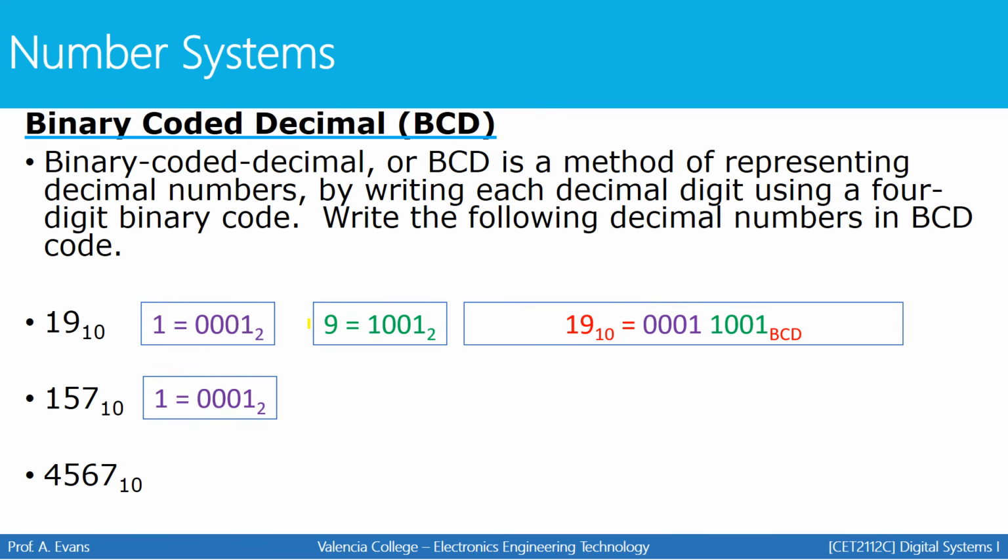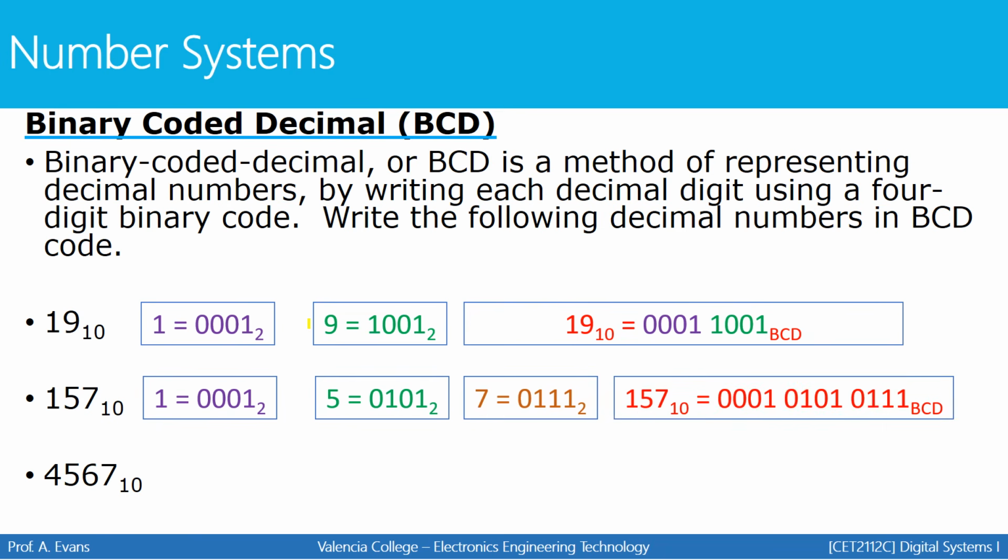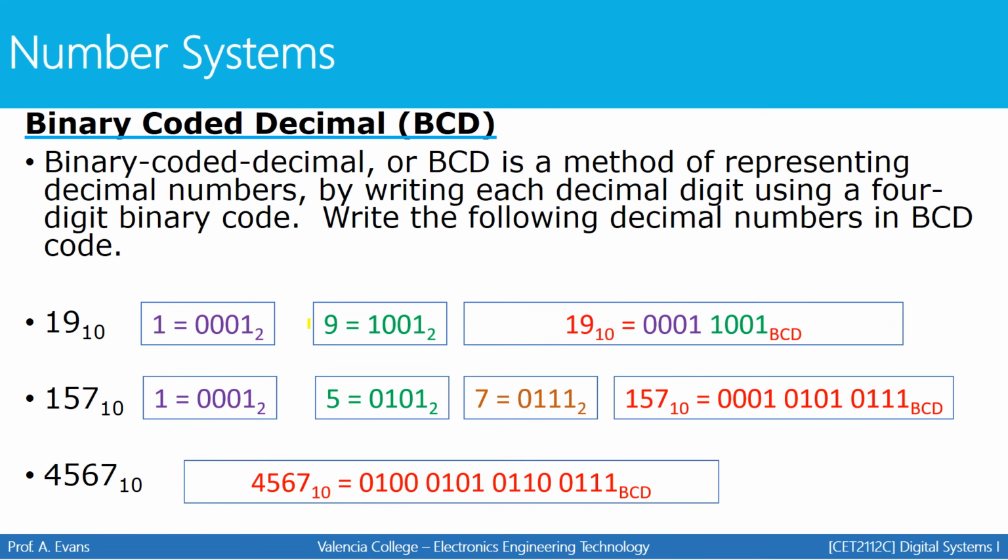The number 157, or 157 base 10, take the number 1, write it as a 4-digit code. Take the number 5 and write it as a 4-digit code. Take the number 7 and put them all together. And for the last one, 4, 5, 6, 7, you're just, again, going to write out each one of those as a 4-digit code. That's the BCD system.